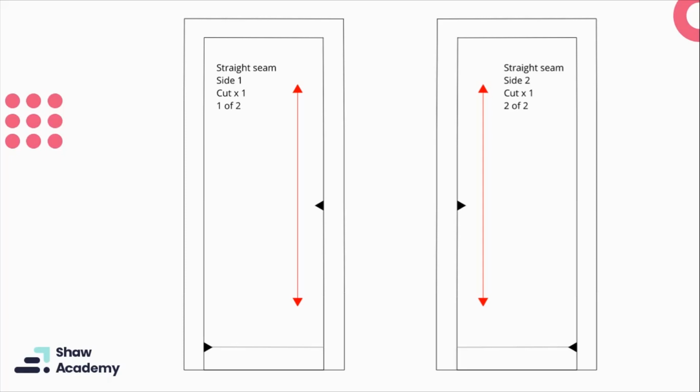I've called one side 1, the other is side 2, and I only have to cut each pattern once. Side 1 is my pattern number 1 of 2, and side 2 is pattern 2 of 2. And together they make one pattern.